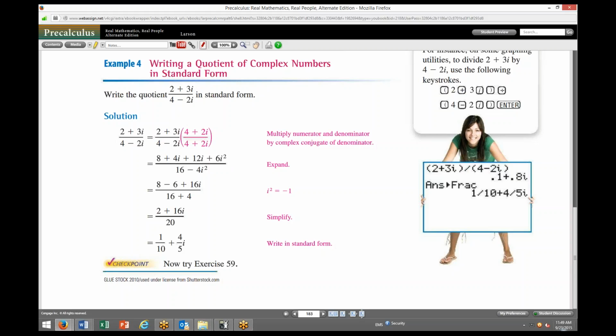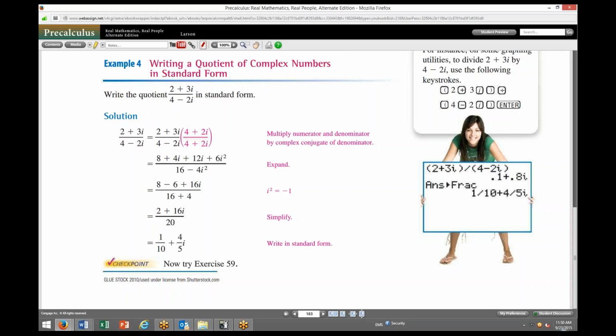I'm checking, it's still not displaying on the screen. So, division problem: 2 plus 3i divided by 4 minus 2i. We're supposed to simplify that in standard form, meaning in a form a plus bi, some real number plus or minus some coefficient times i.